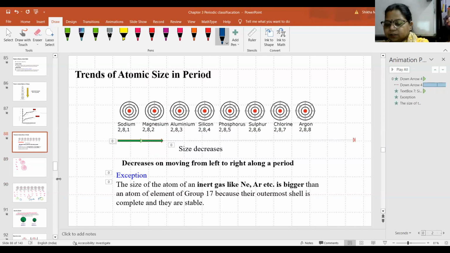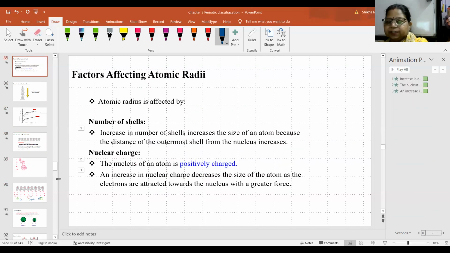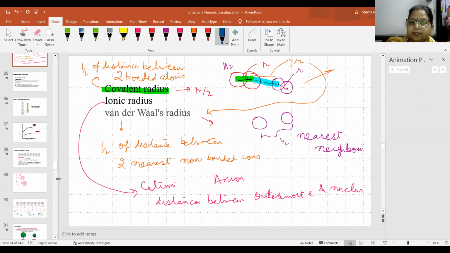That you can write. There are two factors which I just purposely skipped earlier. This is the reason for the increase in size for a group. As the number of shells is increasing when we are moving from top to bottom, the atomic size will increase. Why? Another thing which I have put up here is that the distance between the outermost shell and the nucleus is increasing.